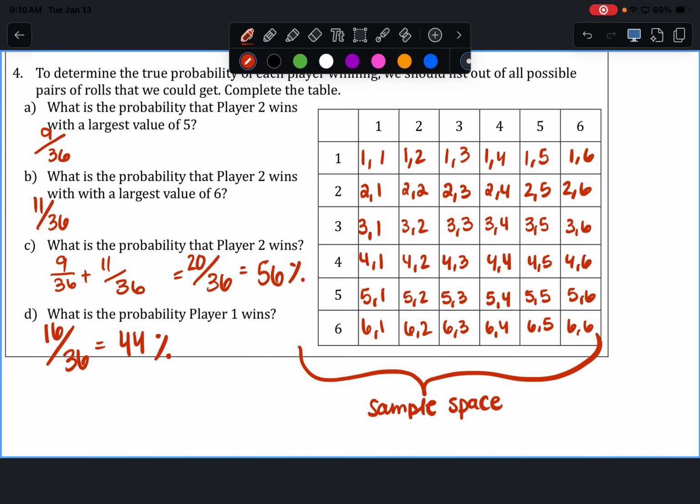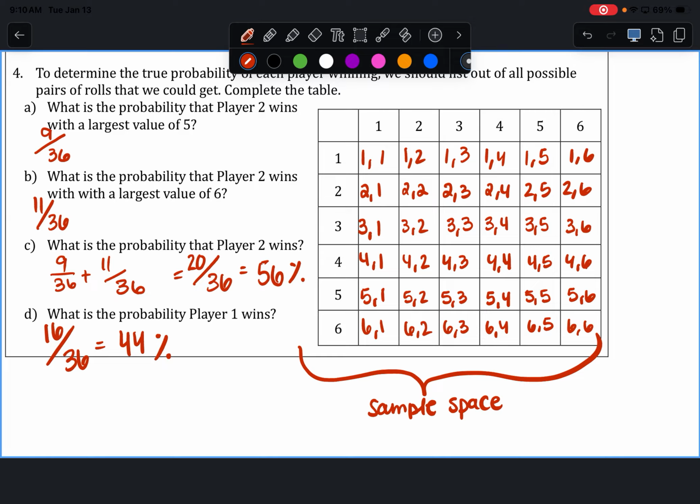So we can write a sample space for a lot of different types of experiments. But reasonably, would I want to write a sample space for rolling 1,000 dice? No, because you'd have to go 1, 1, 1, 1, 1, 1, 1, 1, 1, 1, 1, 2, 1, 1. It'd just take forever, right? Okay, we would not want to do that.